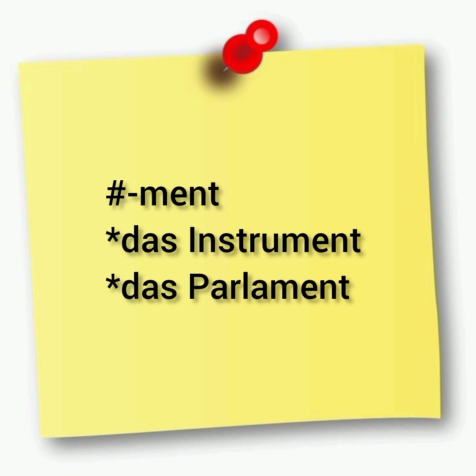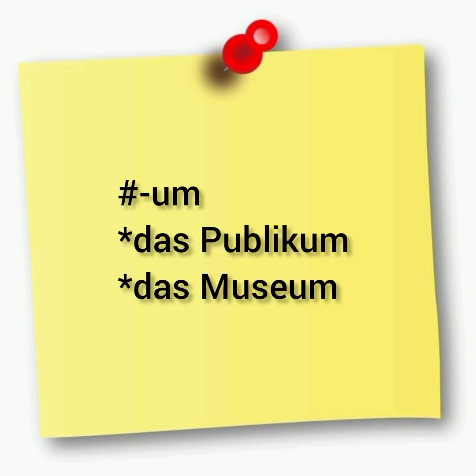Okay? All right, then. So I would like us to go ahead and see the final rule. Let me give us the final rule. All right. So the final point here under the neuter I would like to share with us is on nouns ending with um. These ones are mostly formed from the Latin, right?